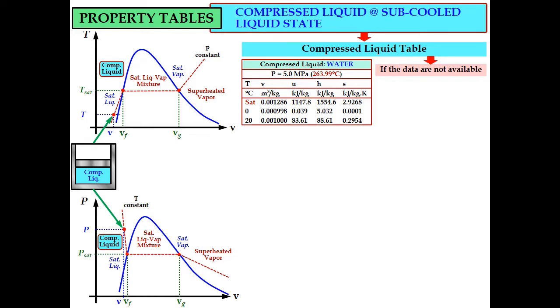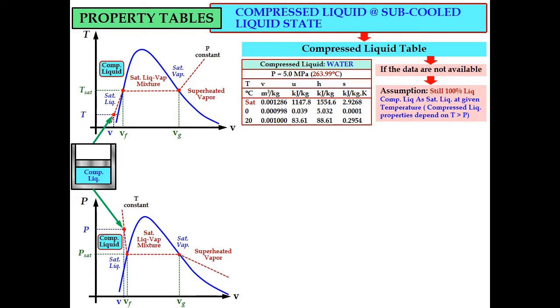If the data are not available, for example for the compressed liquid region when the pressure is below 5 megapascal, we need to make an assumption because we don't have data for the compressed liquid. We need to make the closest assumption, where for the compressed liquid the phase is 100% liquid.